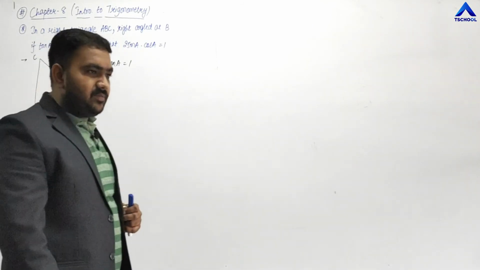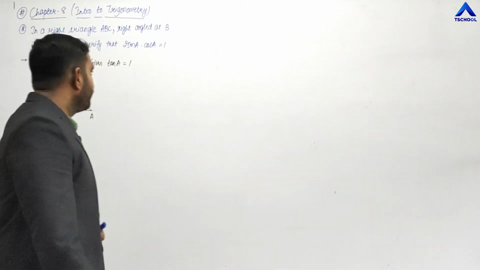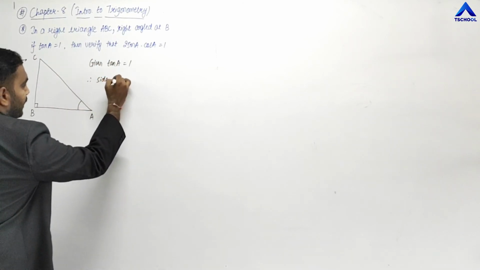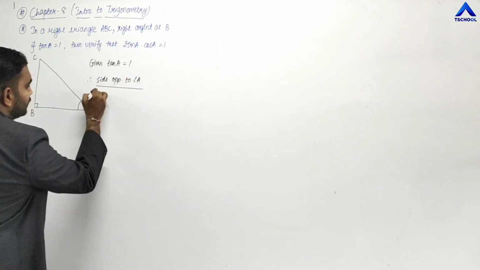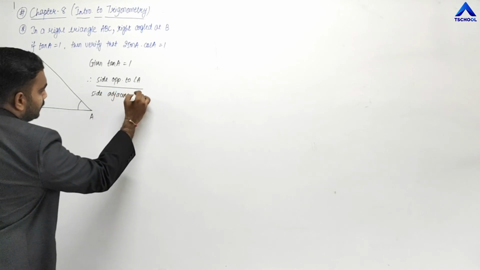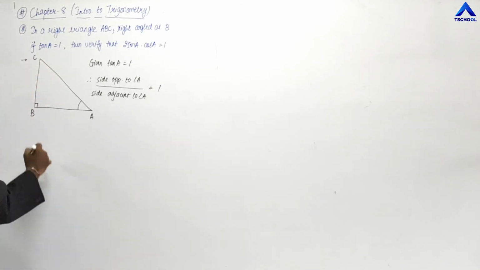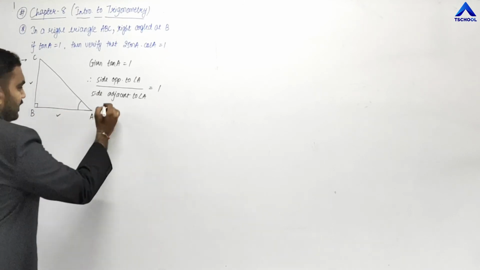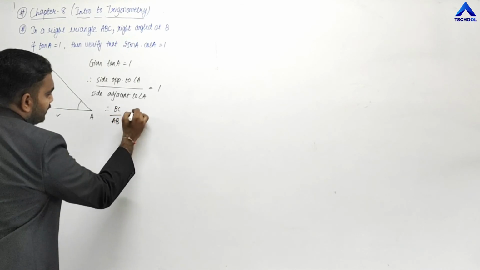Side opposite to angle A divided by side adjacent to angle A. Therefore, side opposite to angle A upon side adjacent to angle A is equal to 1. What is side opposite to angle A? BC. What is side adjacent to angle A? AB. Therefore, BC upon AB equals 1.